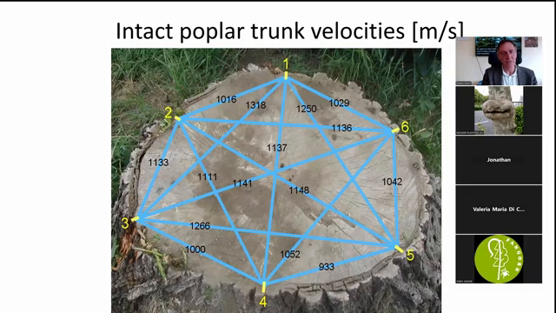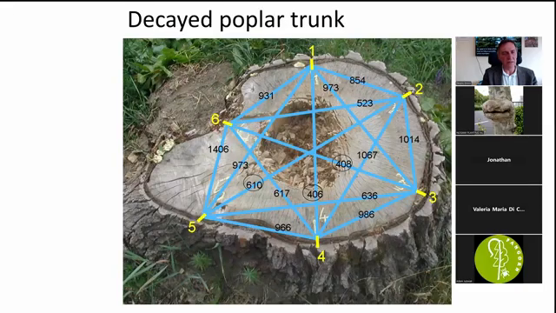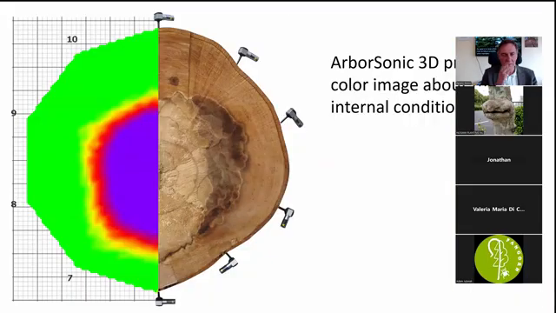Here you see the velocities are around 1000 meters per second, and those lines crossing the hollow drop down to 600, even 400 meters per second, indicating clearly that there is a defect in that area. Using advanced maths, we are able to reconstruct the internal condition. And here you see a beech tree log, the decay, and the photo together.